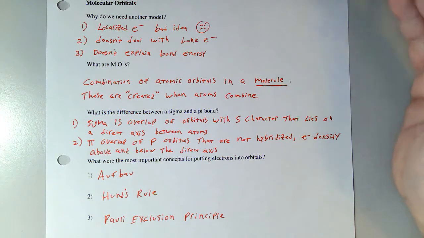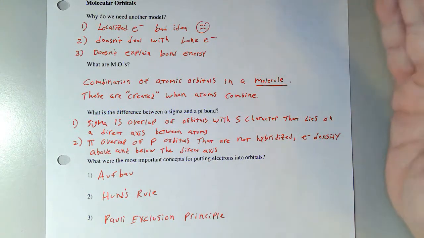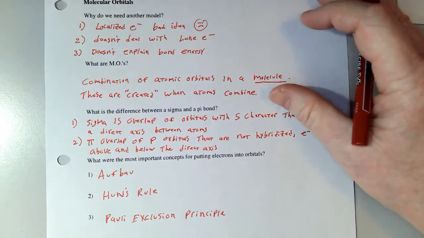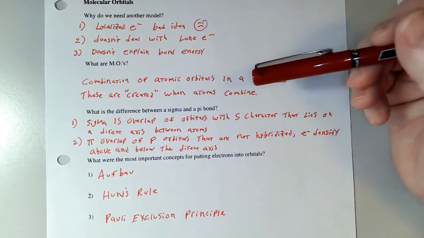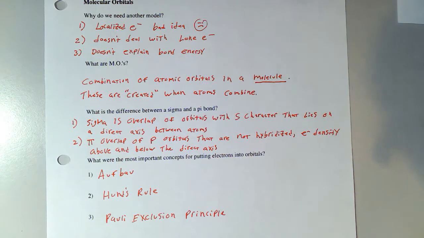The electron density, localized, not a good idea, is directly between the two atoms. Now, a pi bond is overlap of p orbitals that are unhybridized, where the electron density is both above and below the direct axis.